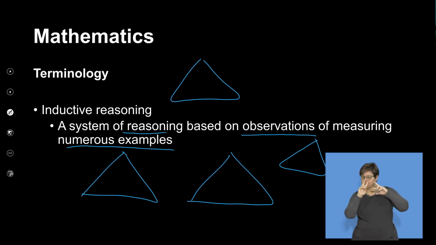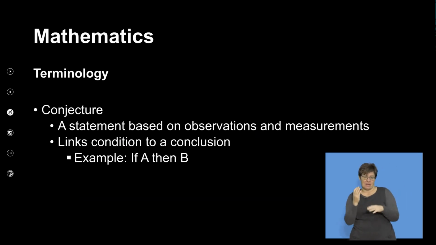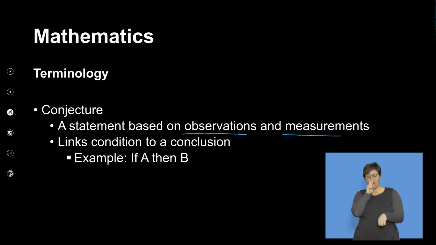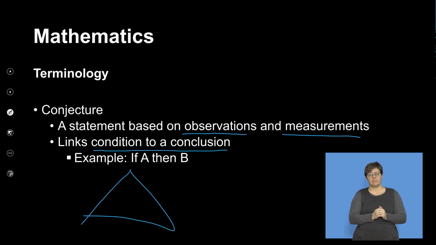So you don't reason just from one calculation. No, you observe and you measure a number of times. And then also we have a conjecture. Remember, a conjecture is a statement based on observations and measurements, right? And this normally links a condition to a conclusion. So for example, if I want you to tell me that this side is equal to that side, and the question is about proving that, you're going to try and measure and do all these things, which is what we call inductive reasoning.